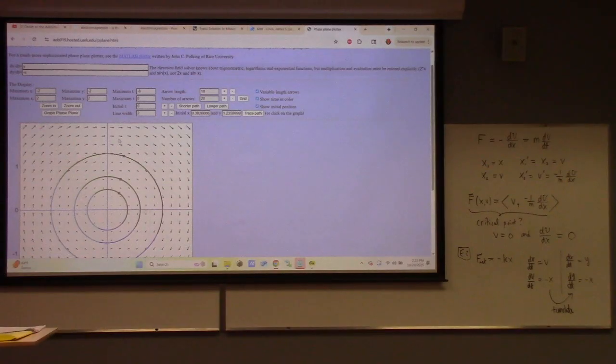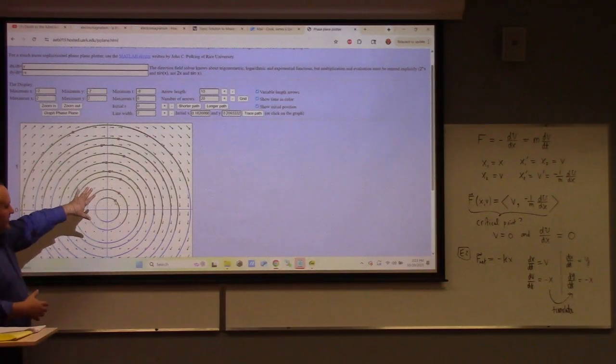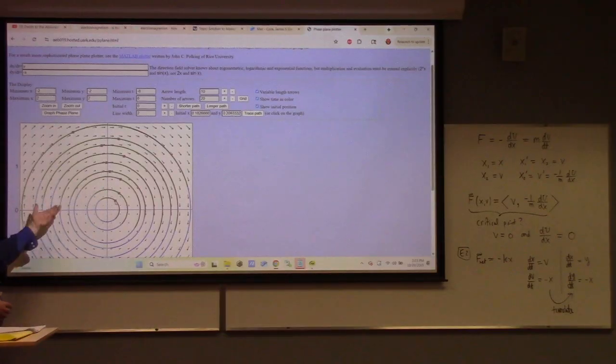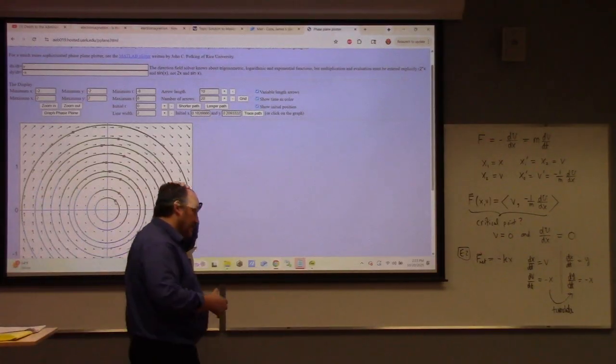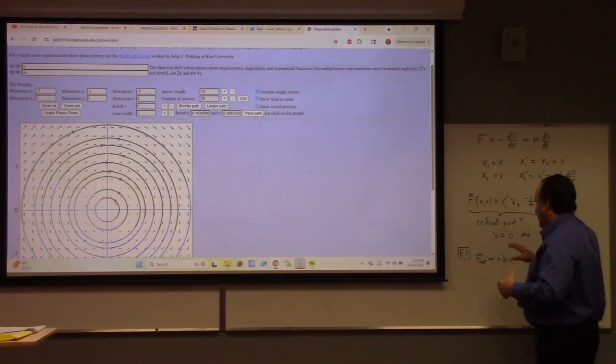So these curves, what are they? I derived it last time. The integral curves to this turn out to be just energy level curves.